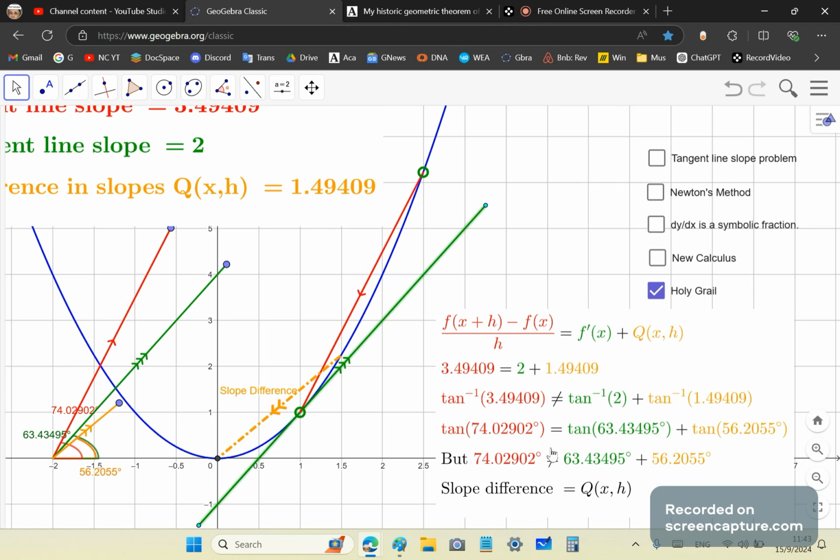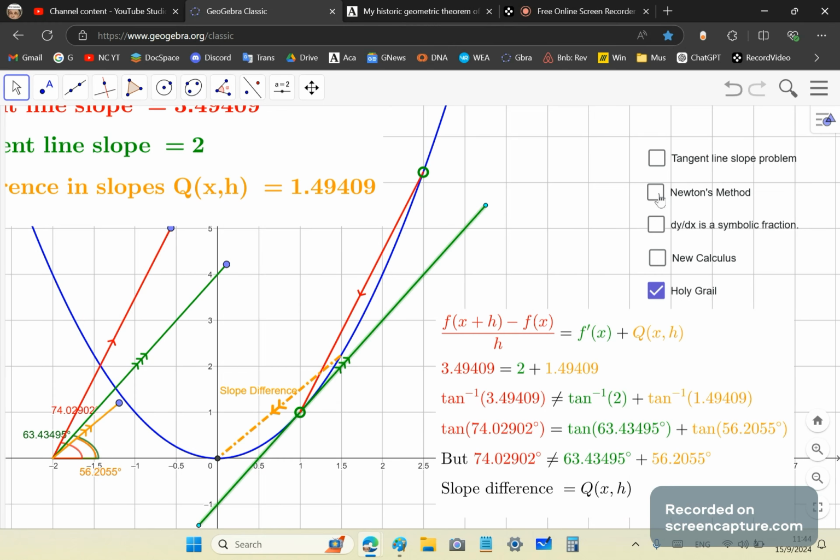So it's important to bear in mind that the slope difference in terms of rise over run is applicable to the Holy Grail. You cannot take it in terms of angles, okay? Because Newton was not working in terms of angles. He was working in terms of slope as rise over run, okay?